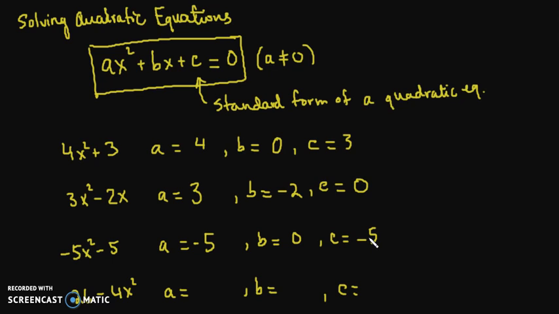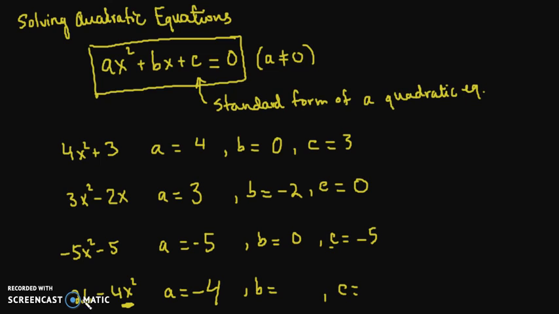Remember that a is the coefficient in front of x squared. In this case our x squared is actually written second, but the coefficient in front of x squared is -4. I've seen a lot of people in class immediately write 26, and this is not correct.